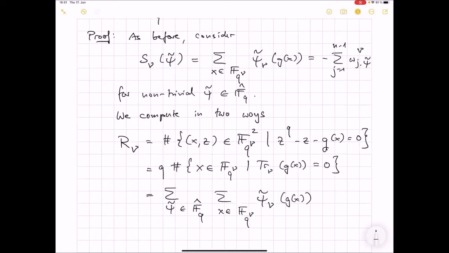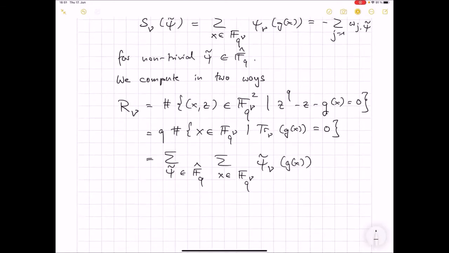So I just detect q times those elements where the trace is 0. And so here, of course, we single out the trivial character. The trivial character says 1 all the time. So this gives a contribution q to the nu, plus the sum over the non-trivial characters, S_nu of psi tilde.